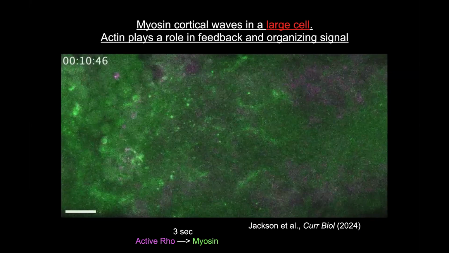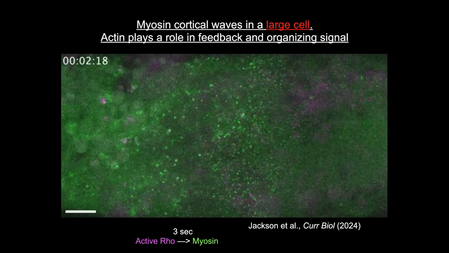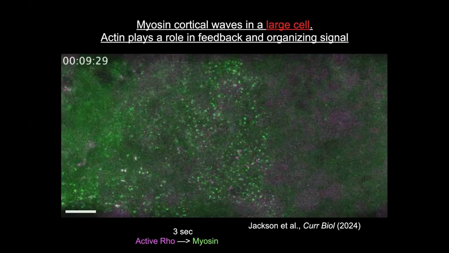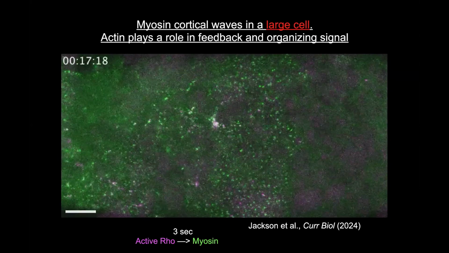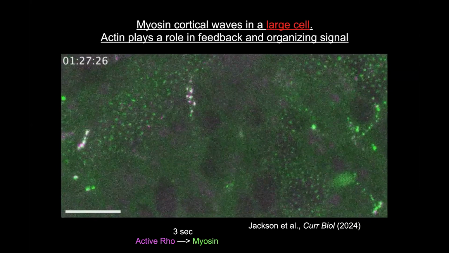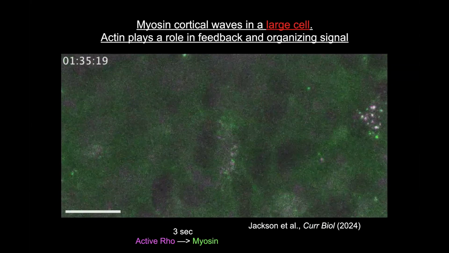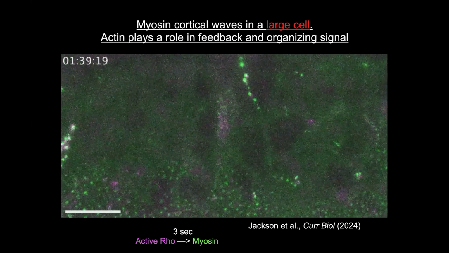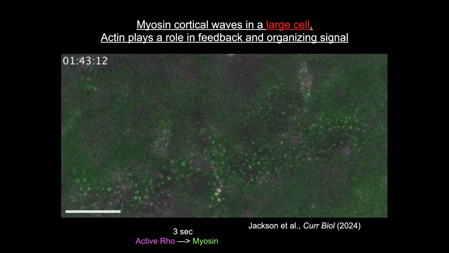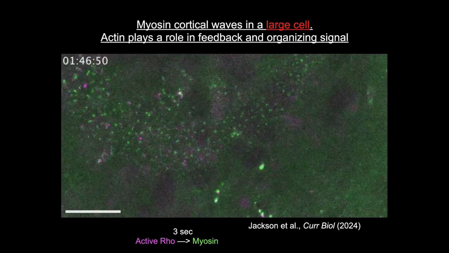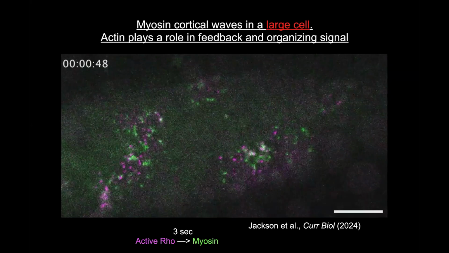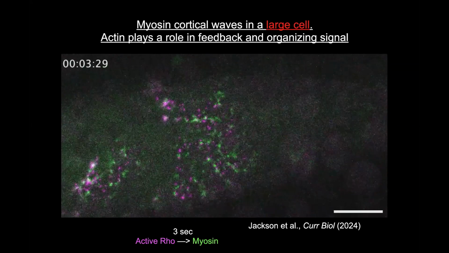When you inject latrunculin, you still get waves, but the structure of the waves is totally different. You get these spots of RhoA and myosin that are stationary, and you see the waves of activity move across those spots. So it's clear the cytoskeleton is essential for the structure of not only the cytoskeleton, but also the signaling. Which we still don't understand.